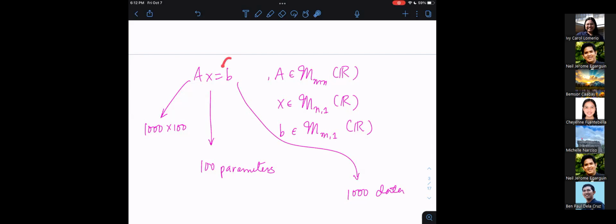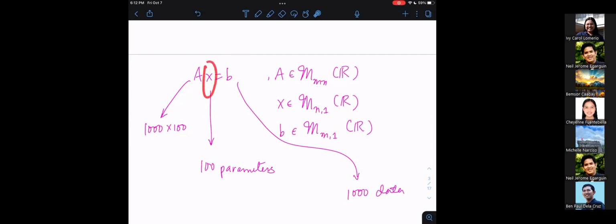Okay? So gusto mo, malaki yung dimension ni B. Gusto mo maraming rows si B para marami kang data, because each row in B represents a certain data. Okay? Pero gusto mo yung degrees of freedom ay kakaunti, because the degrees of freedom will tell us ano yung mga dapat kong ma-achieve, or ano yung mga kailangan ko. Halimbawa, I'm doing a control problem.